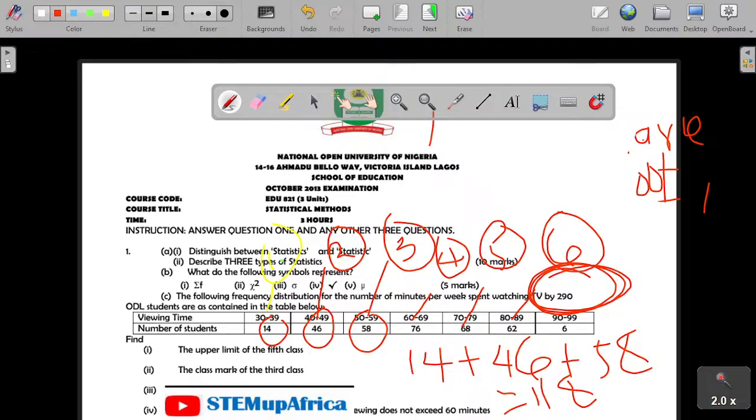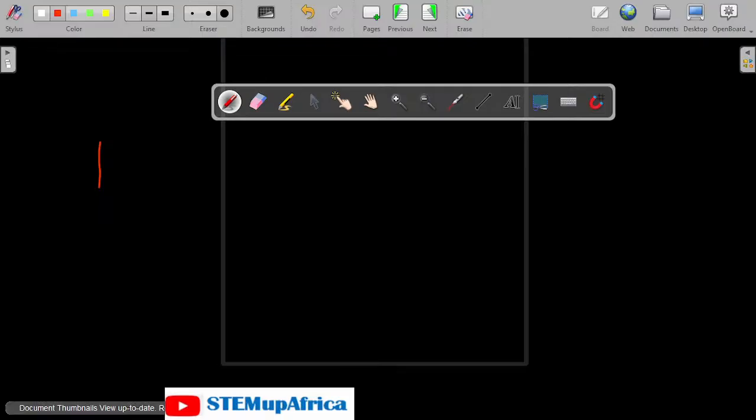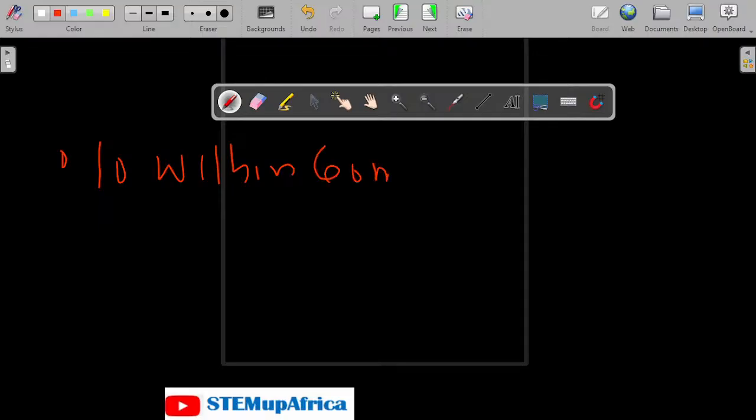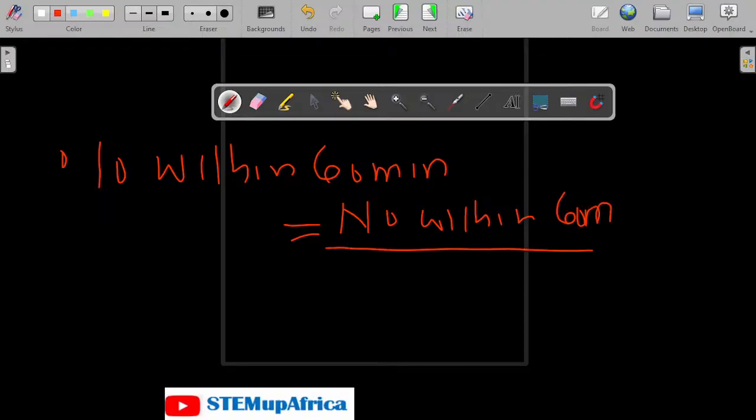So the percentage within 60 minutes will be the number within 60 minutes over the total number of people who participated, times 100 over 1.